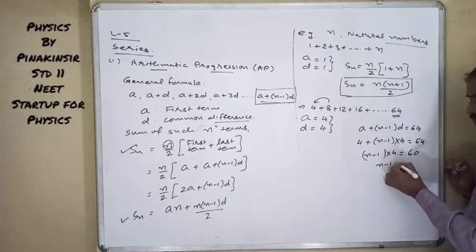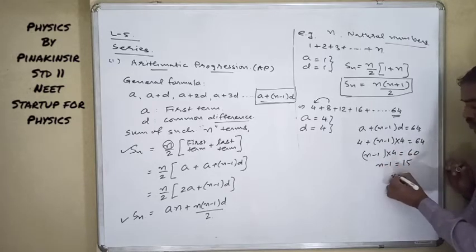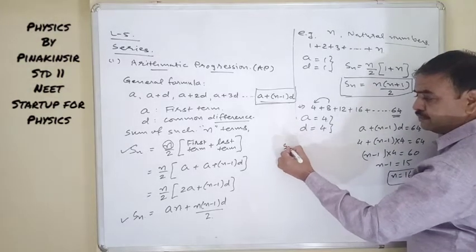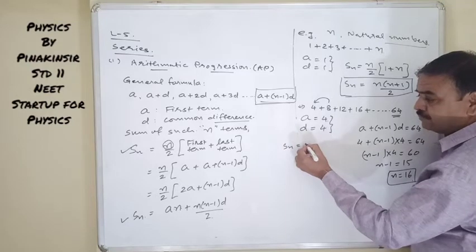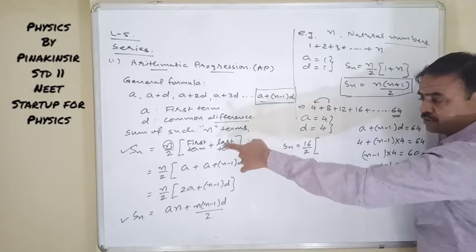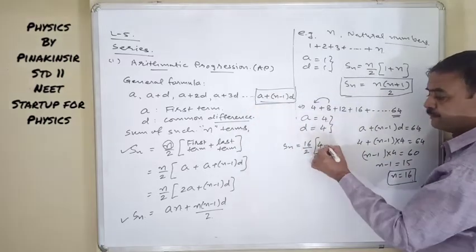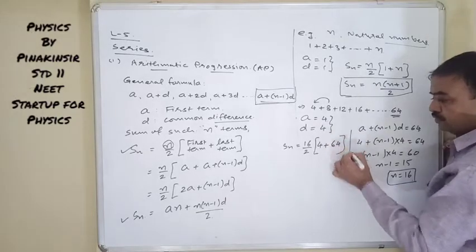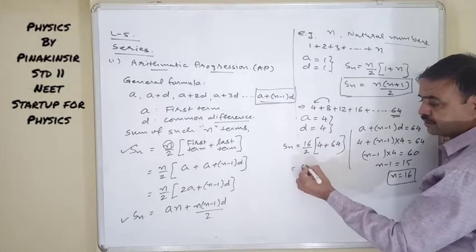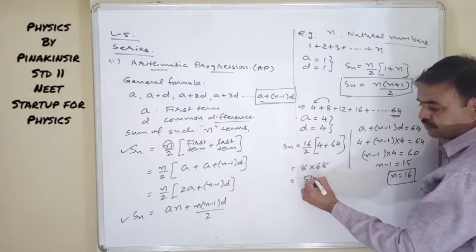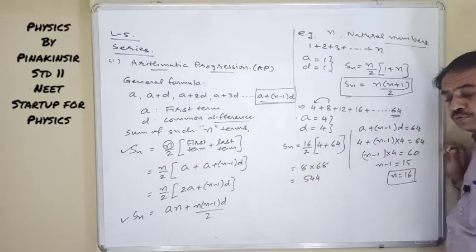Thereby n minus 1 will be equal to 15, or you can say n will be equal to 16. And now your summation will be equal to n by 2, that is 16 by 2, into bracket first term is 4, last term is 64. Thereby it is 8 multiplied by 68, or you can say it will be equal to 544.